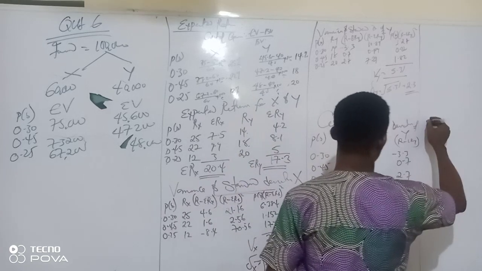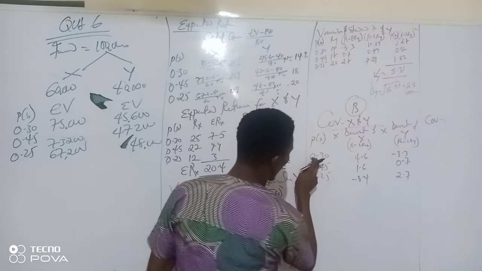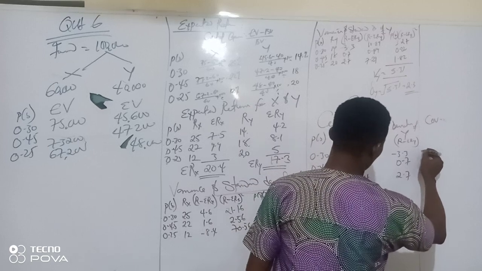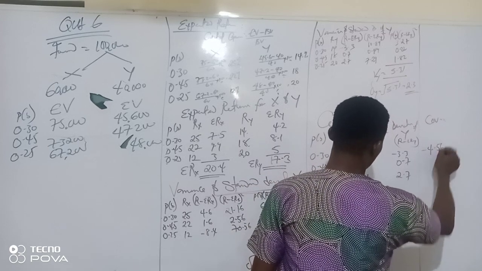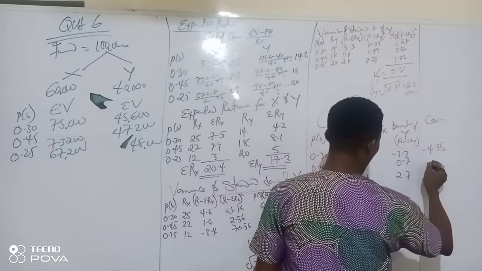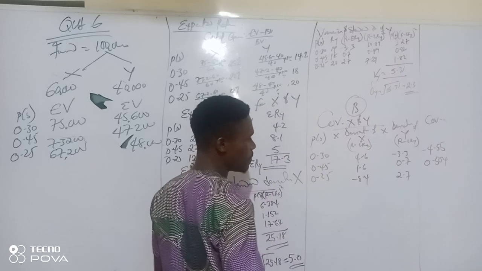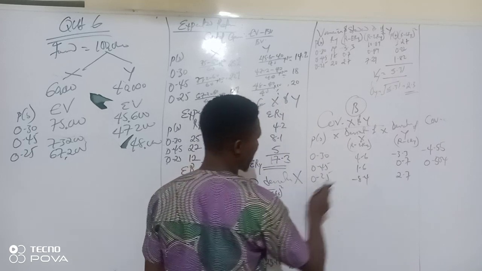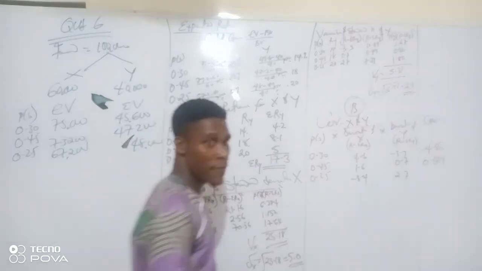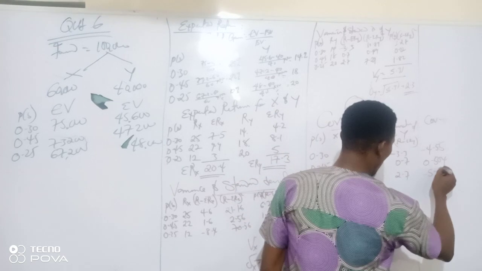Then our covariance is the multiplication of everything: the first one minus 4.56, then 504, then 5.67.